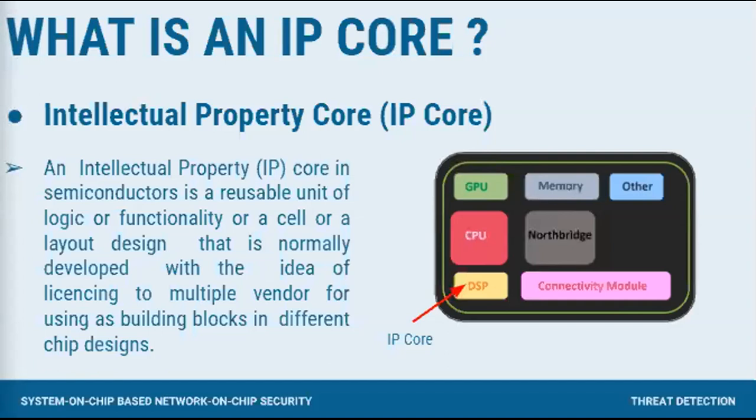So it's like the whole world is cooperating to build one single system on chip, and there can be various issues due to that. We'll talk about that in the next slides.